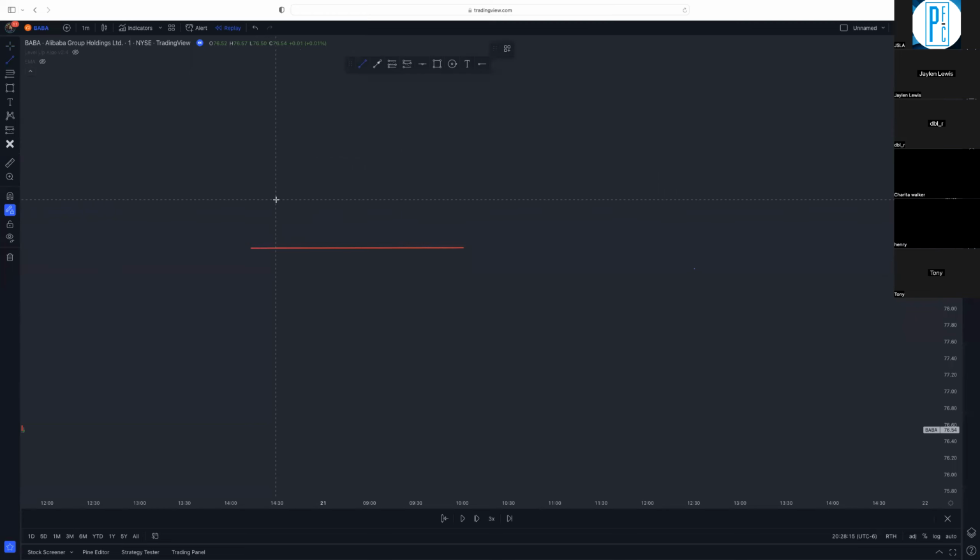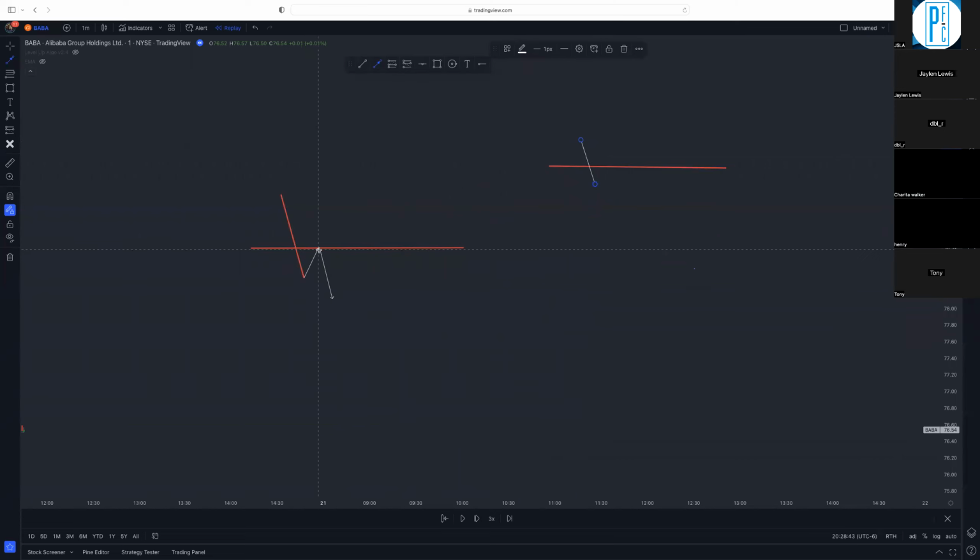I'm trying to take puts right now because we're in a bear market overall. As you see, SPY, this is a support level. SPY broke the support level, retested it, and is getting ready to break down. It's starting to break down. And let's say on this side, this is Apple, and Apple looks like it's coming down really aggressive, right?